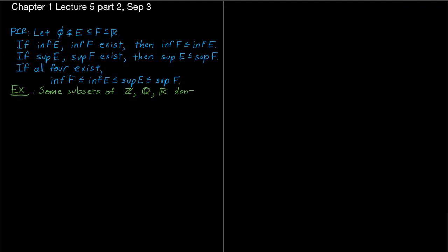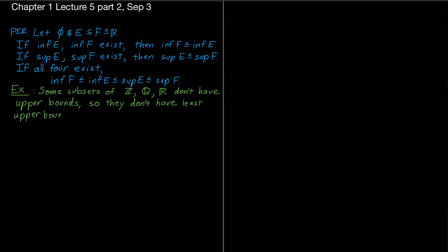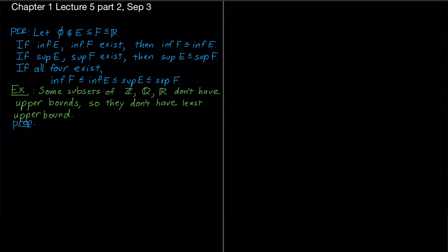are not bounded, don't have upper bounds, so they don't have least upper bounds. You have to have an upper bound at all to have a least upper bound. But for the integers, this is the only way that this can happen.